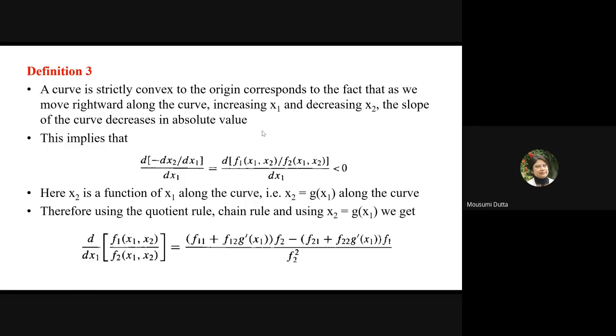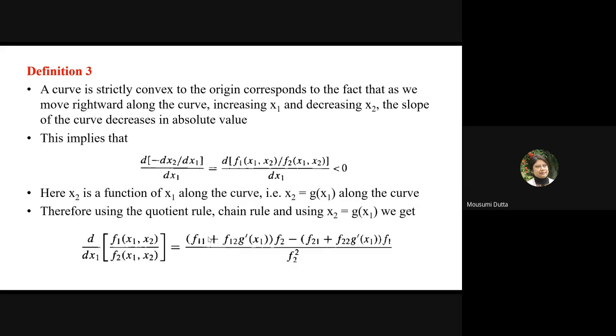Okay. So this can be presented in this way, dx2 by dx1. If you take the derivative with respect to x1, then you will get this kind of expression, and that will be negative. The slope will become flatter and flatter.